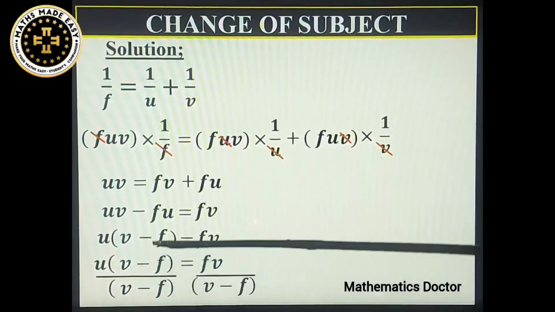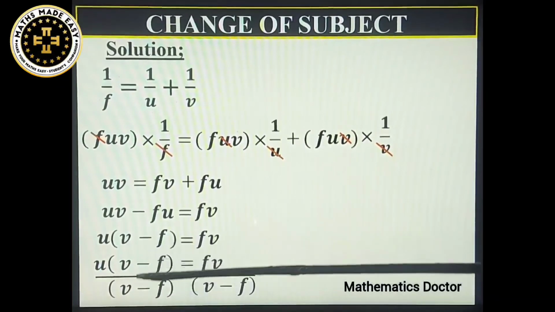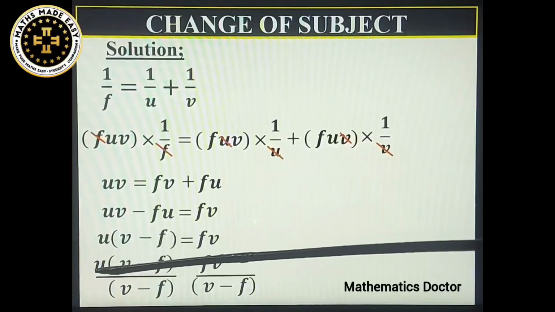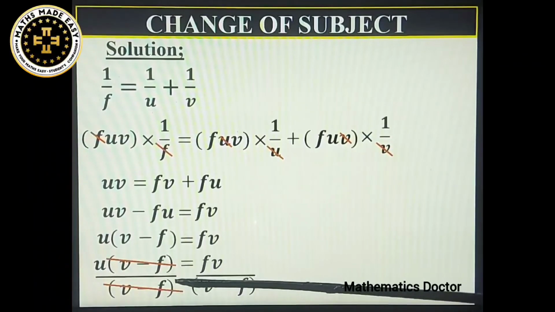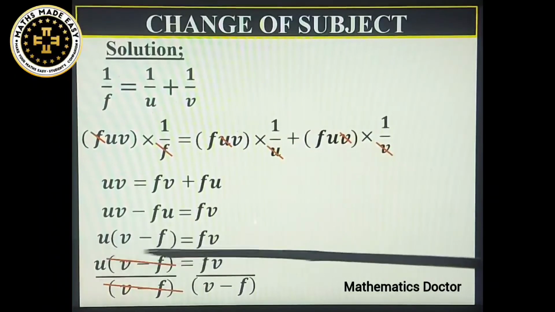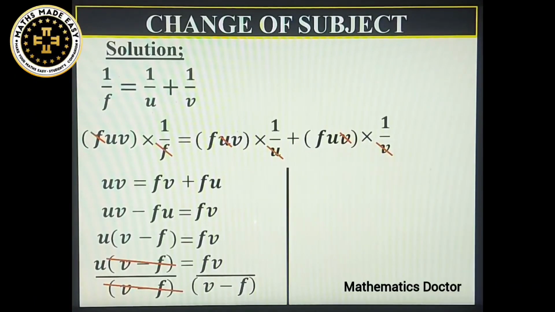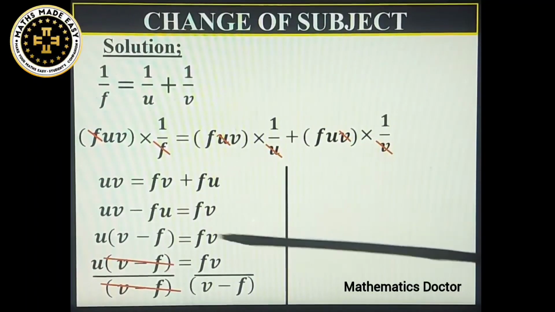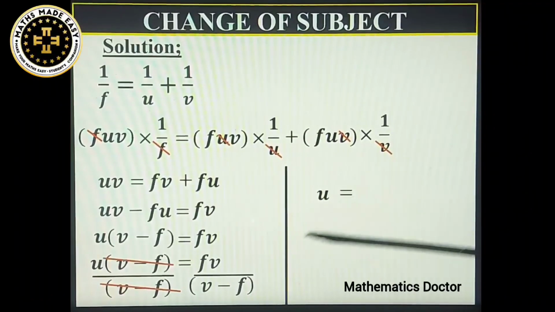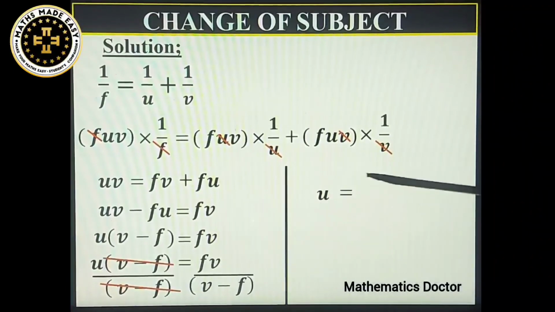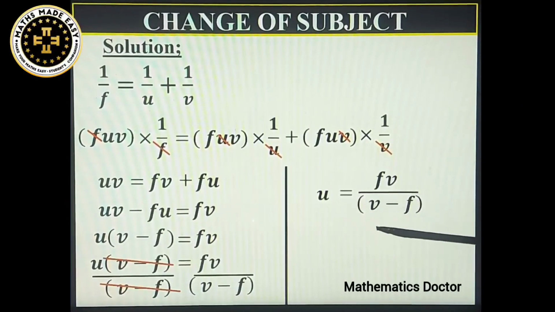Now, the reason why we divided is for v minus f to cancel out, to leave u alone at the left-hand side. So v minus f will cancel out v minus f. Now, you realize that u has been left alone. Now, let's get to the other side. Over here, we'll bring the u, which is left alone at the left-hand side. So let's bring the u. Now, equal to, at the right-hand side, we have fv at the numerator divided by v minus f at the denominator.